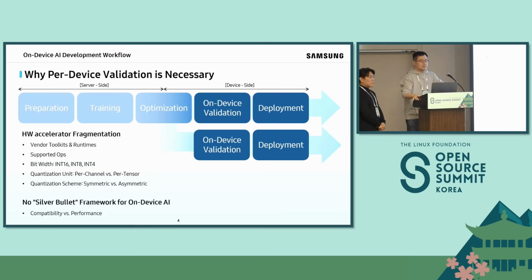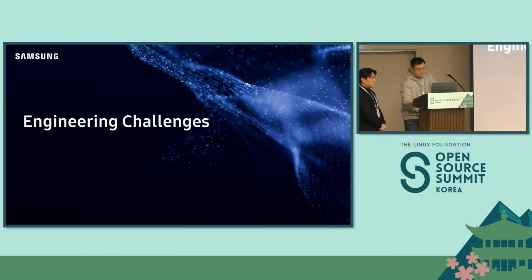General-purpose frameworks like TensorFlow Lite or ONNX Runtime offer broad compatibility to run on various hardware accelerators. However, they have limitations in delivering the peak performance that vendor-specific toolkits can provide. For these reasons, when applying on-device AI to our product, we faced the following engineering challenges.